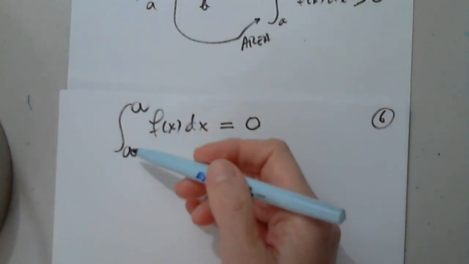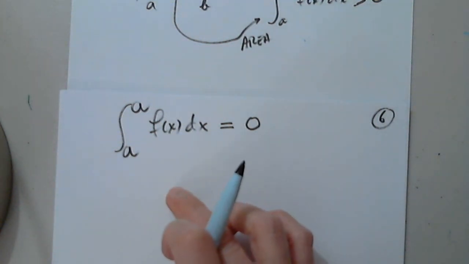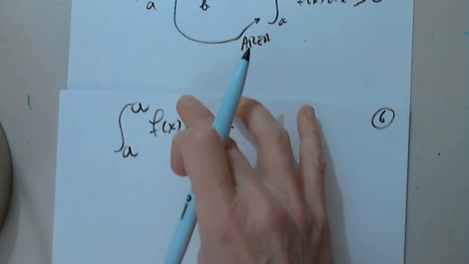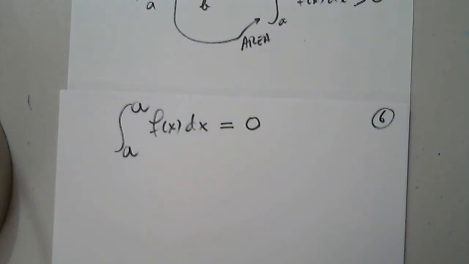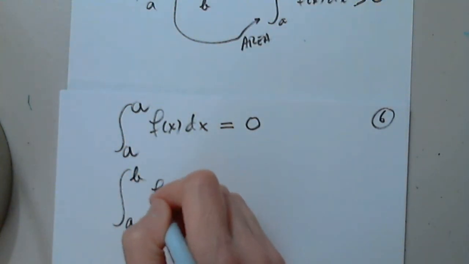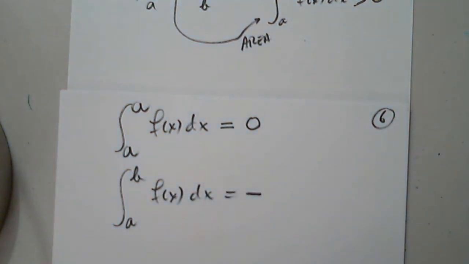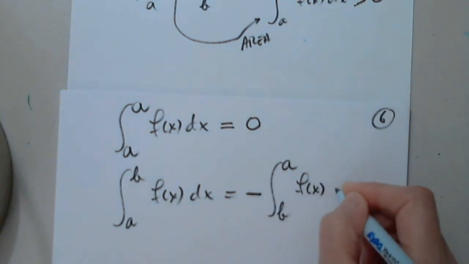If there is no interval, there is no area, because the base is 0. A minus a is 0 times the height. So base is 0, height is whatever you want it to be, it's still 0. Perfect. The integral from a to b of f of x dx is the same as the opposite of the integral from b to a of f of x dx.